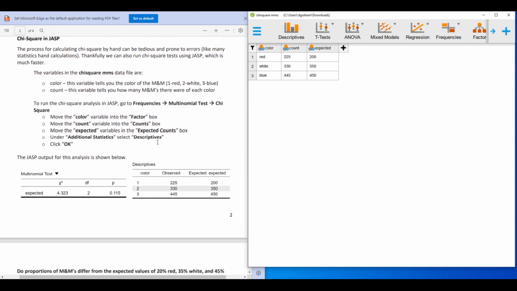Now, to run the chi-squared analysis in JASP, we're going to go to our frequencies menu, which we haven't really used yet this semester. So opening up our frequencies menu, under our classical tests, we're going to use the multinomial test.